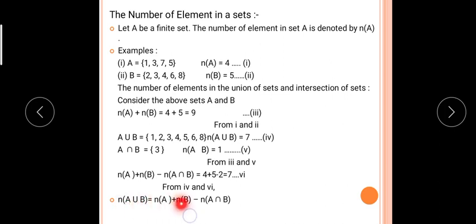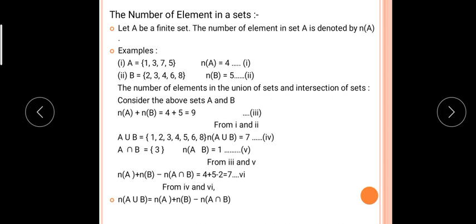Therefore this formula is used to calculate the number of elements of A union B: n(A union B) is equal to n(A) plus n(B) minus n(A intersection B). Of these 4 values, if any 3 values are given, then even without doing the actual calculation, if you don't know the sets, you can easily calculate the one remaining value.